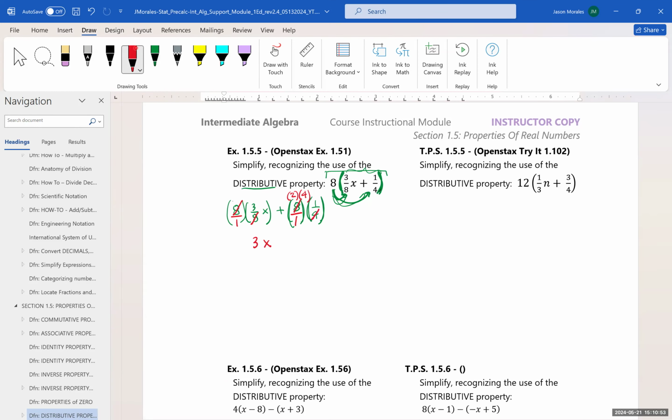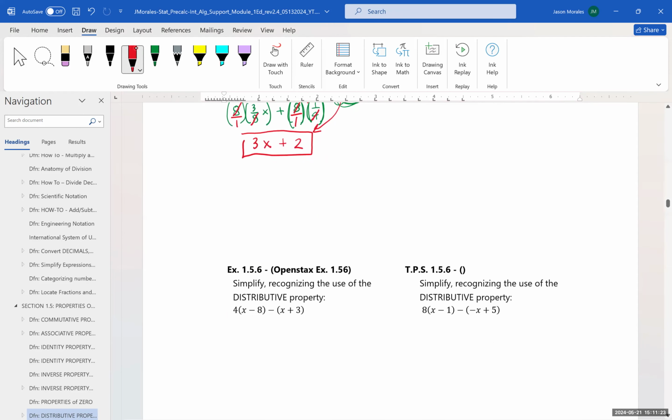This 4 and this 4 will cancel, leaving me with just 2/1, or just 2. So this is the answer for the simplification of this expression. It simplifies down to that. The answer you should get for this think pair share will be 4n plus 9. So try that out and let me know if you need any help.